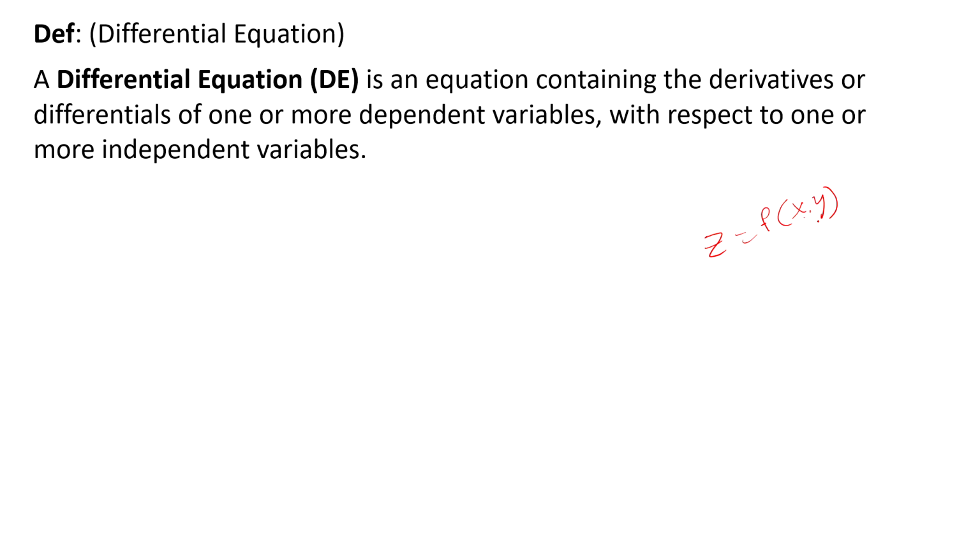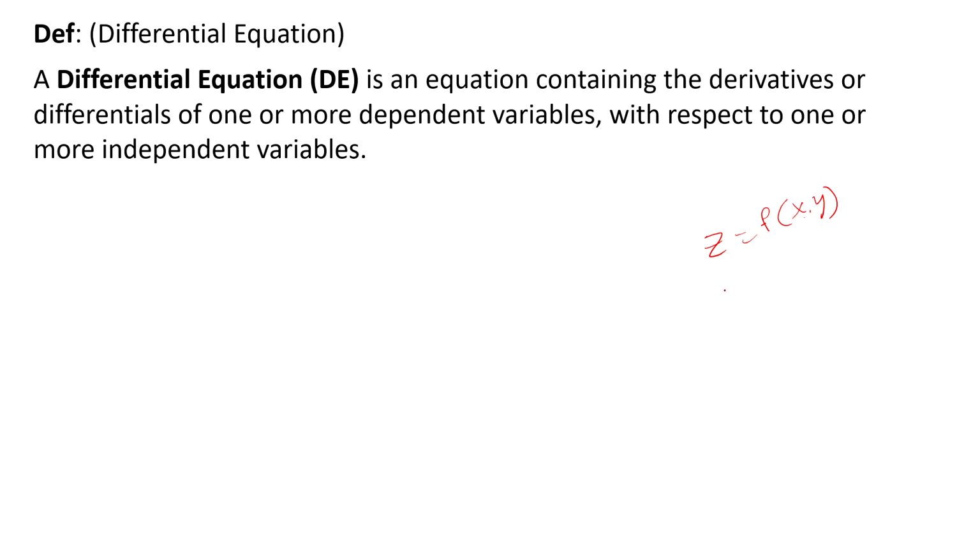Okay. Fine. Now let's go back and address that question that I asked you a while ago. Can you think of more than one dependent variable? Let's say two dependent variables, but only one independent variable. Check this out.